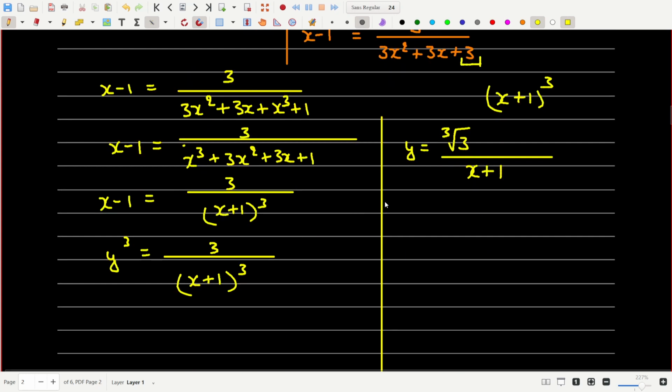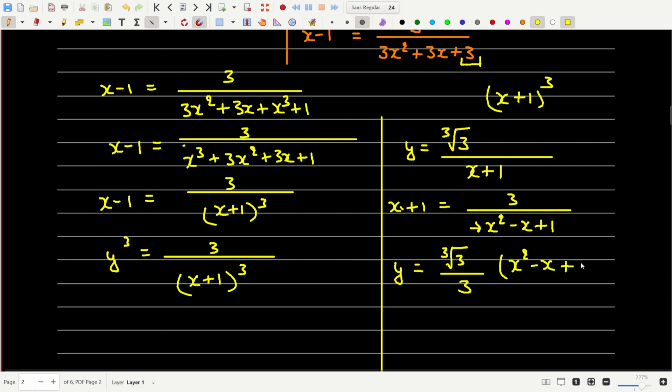So we know that x plus 1 is equal to 3 upon x square minus x plus 1, and I'll substitute the value of x plus 1 in the denominator. So this will give me y is equal to cube root of 3 divided by 3, and then this thing will become the numerator, and I'll get x square minus x plus 1.